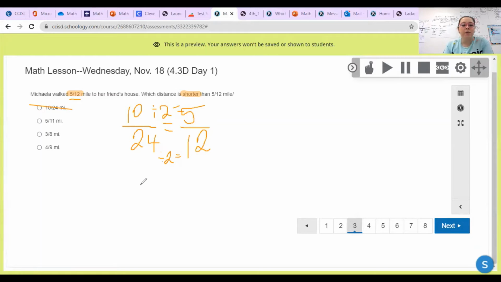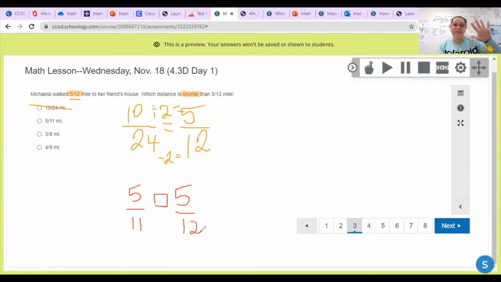Well, if you recall from the lesson, when our numerators are the same, we can look at our denominators to determine which one is less than, greater than, or equal to. So we have 5/11. I'm just going to put a little box here. And then we have 5/12. Well, remember, the larger the denominator, the smaller the piece.